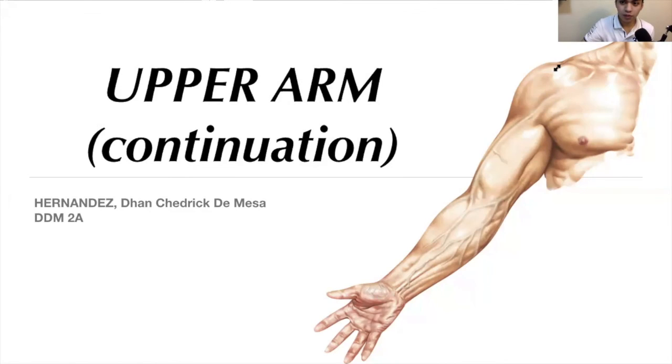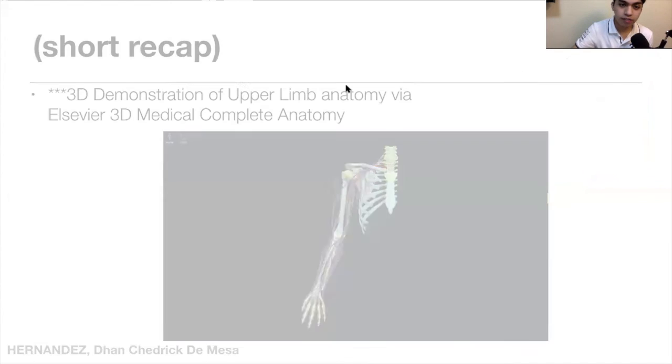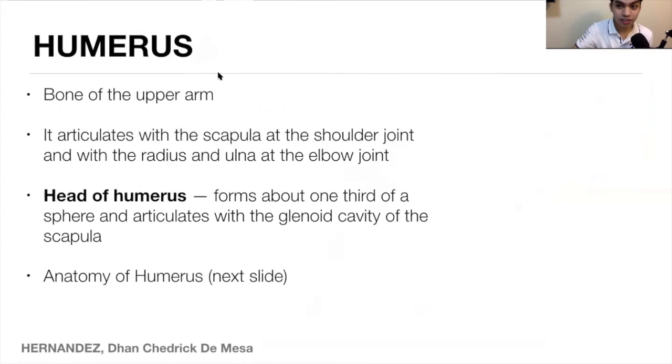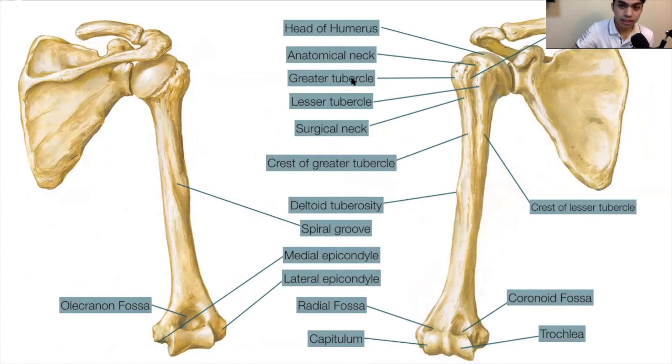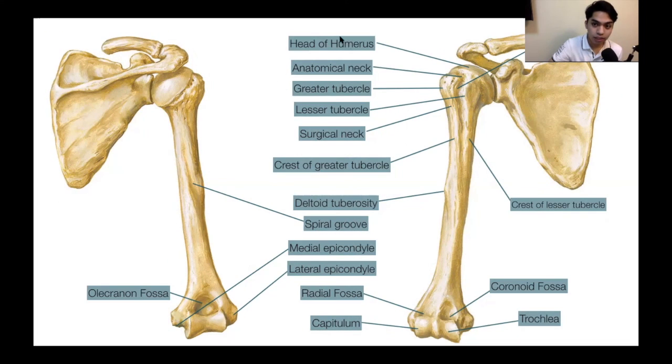So I'm here on Zoom again to continue the upper arm, started by Ms. Cabrera. I have already given you the recap and the discussion regarding the humerus, so I don't need to expound on this. This is the illustration. I've already labeled it myself.